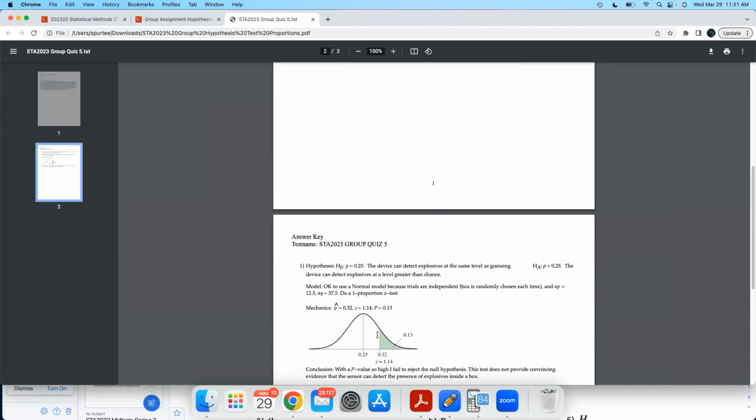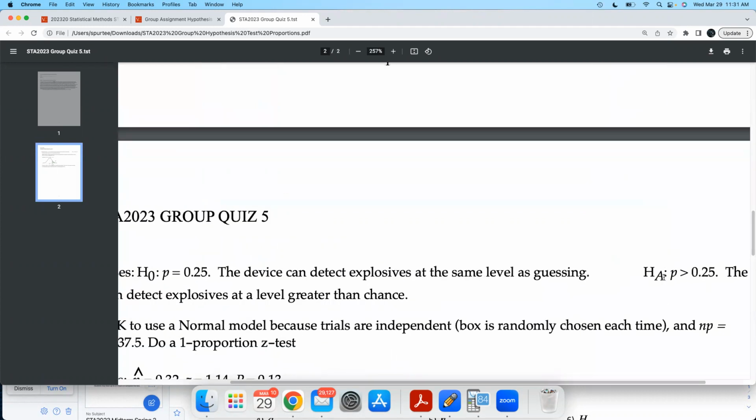Now, you got to write out what that means. That's a required step. Everything I'm saying here is required. You're always going to write out this thing in words. Either we do have strong evidence for the alternative, or we don't. When we reject the null, then we accept the alternative, and we say we do have strong evidence, in this case, that the thing can detect more than 25%.